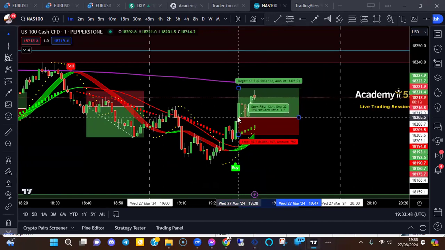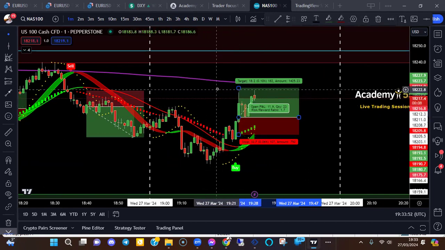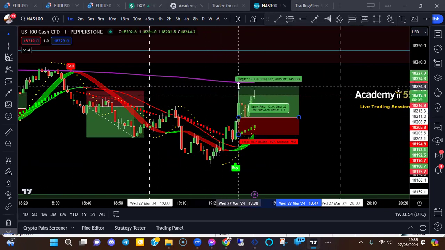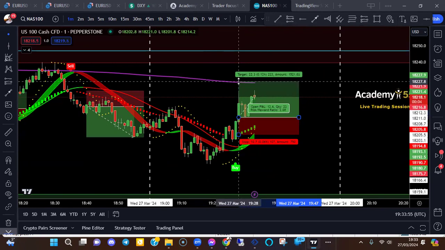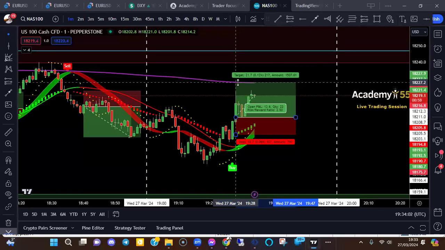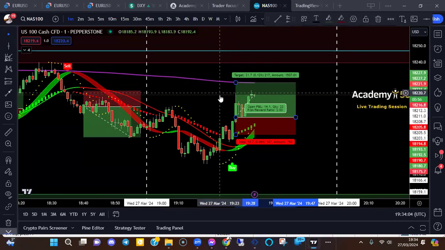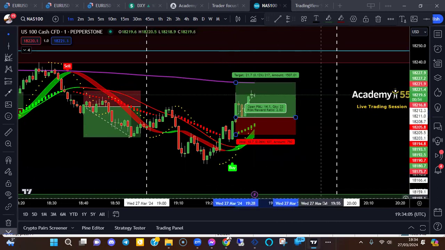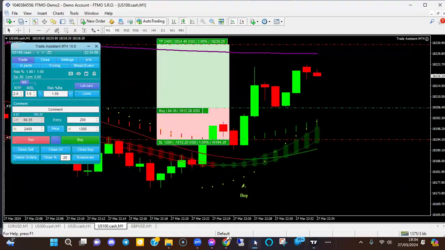There we go, that's what we got in there. So that means 2 to 1 is... no, that's not quite making sense, because my take profit is equal with the purple line. Ah, because of commission, I suppose.